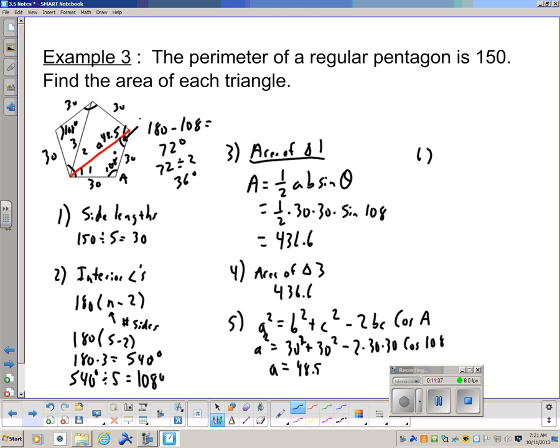So this is 36, but this whole thing in here has to be 108. So I can take 108 minus 36, and that is going to give me 72. So this is 72 degrees.